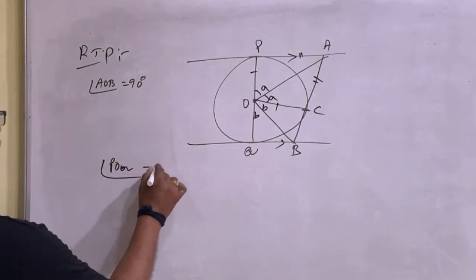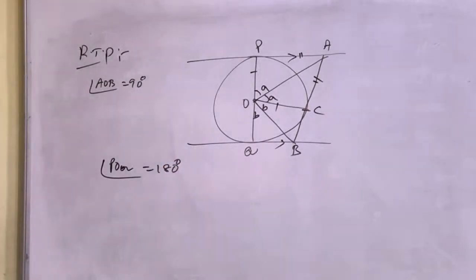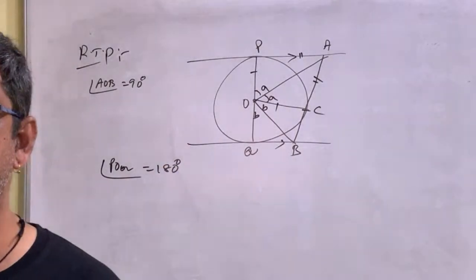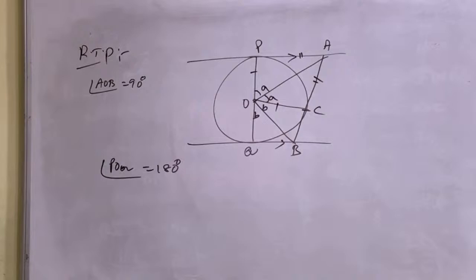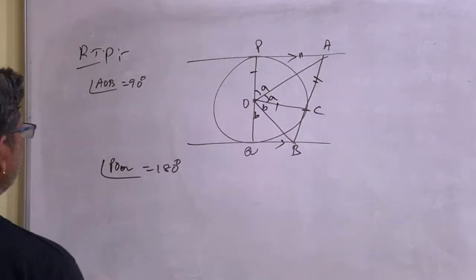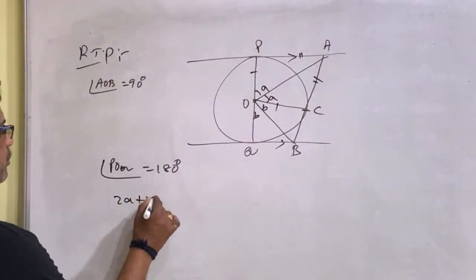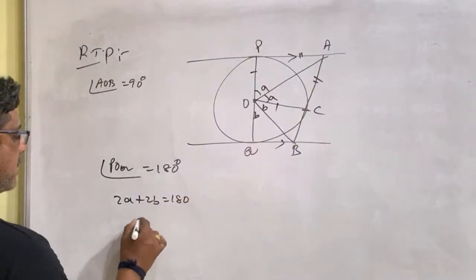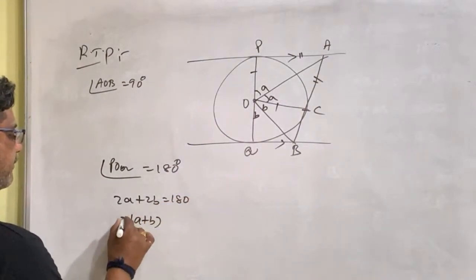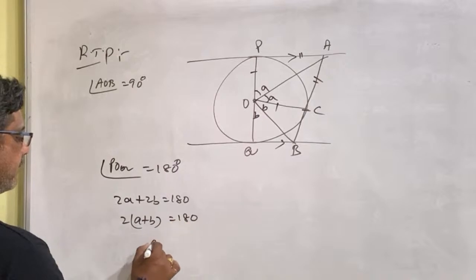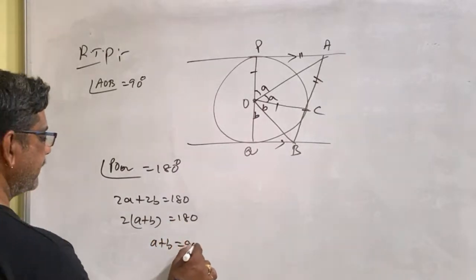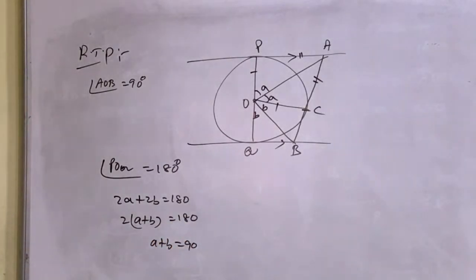Angle POQ is 180 degrees, a straight angle. Now, POQ I can write as 2A plus 2B is 180. 2 of A plus B is 180. A plus B is 90. Then what is A plus B, children?